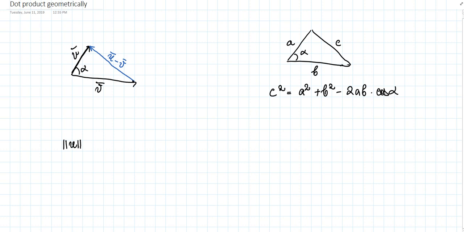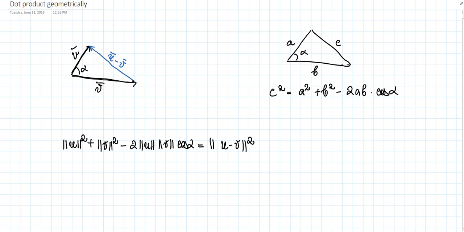The length of the vector u in the square, plus the length of this vector v in the square, right? Minus 2 times the length of u, the length of v, multiplied by the cosine of alpha, is equal to what? The length of the third side, which is the norm of u minus v in the square. Do you understand this? So we just wrote down the Cosine theorem for the vectors, but we cannot just square the vectors. We need to write their lengths, right?